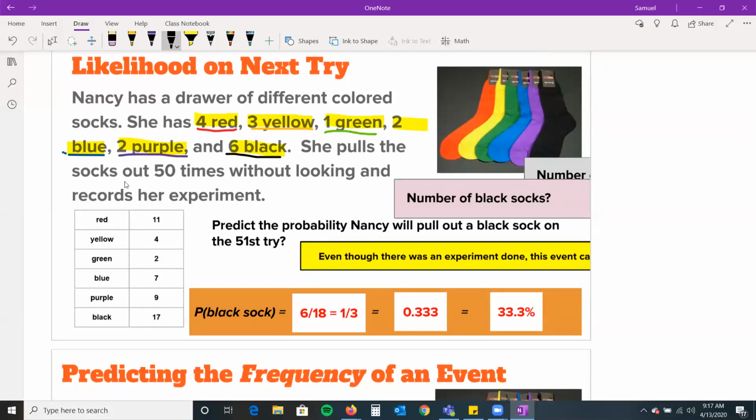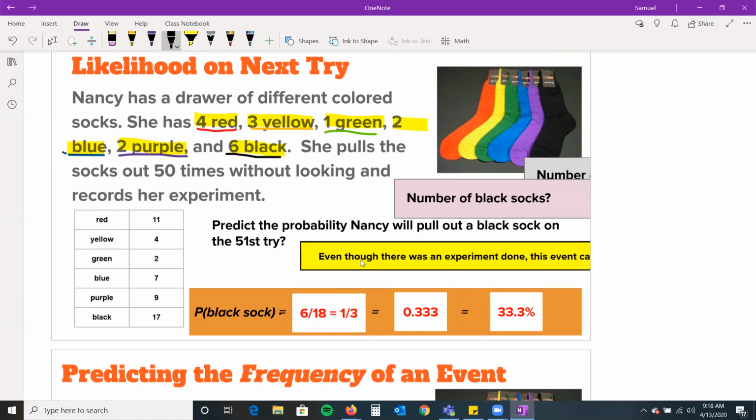Okay, she pulls the socks out 50 times without looking and records her experiment. So if she just has all these socks in a big sock drawer, she's got 4 red socks, 3 yellow socks, 1 green, 2 blue, 2 purple, 6 black, and she pulls out a sock 50 times.